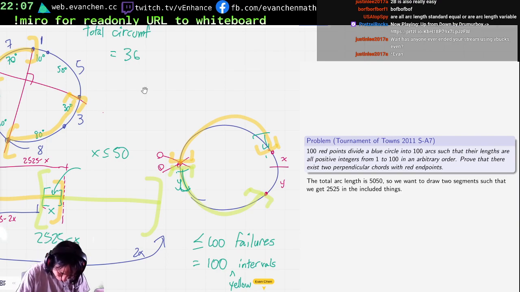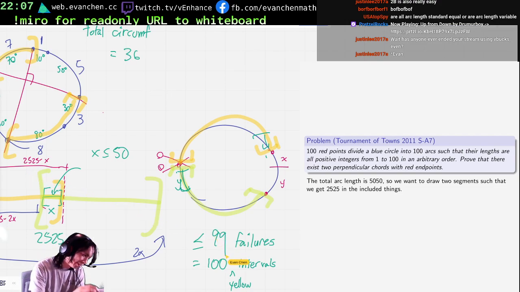Oh, here, this is what you do. There's at most 99 failures because the interval of length 100 will never fail. Yes! Okay, this has worked out.